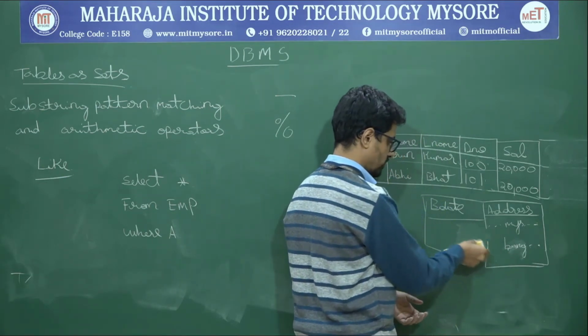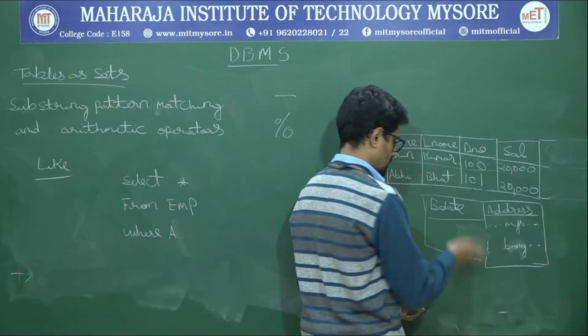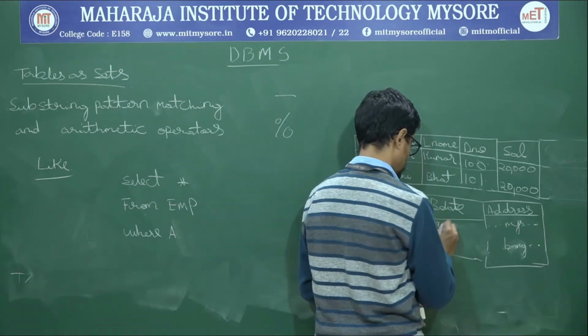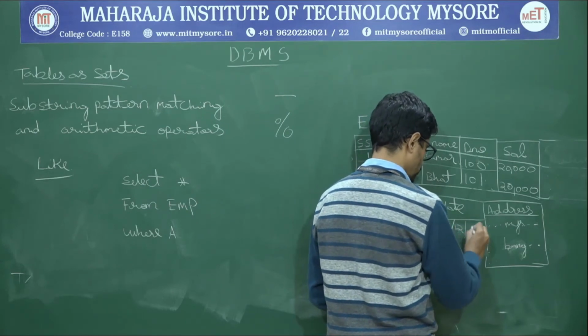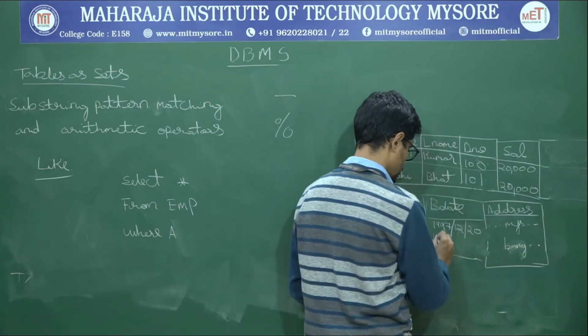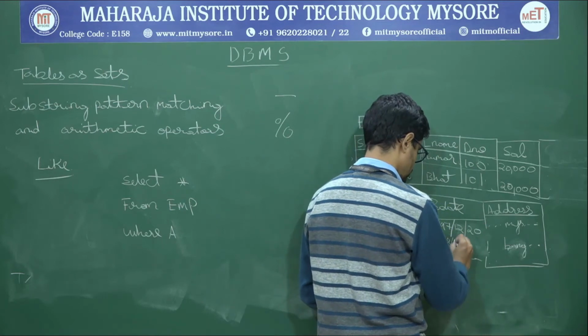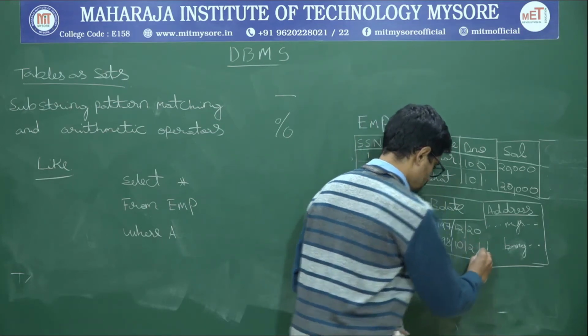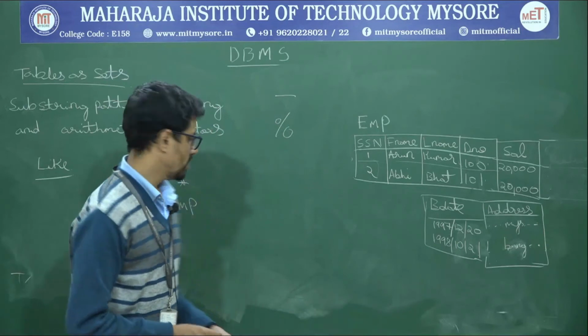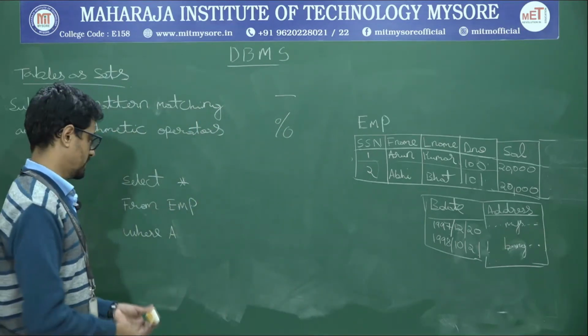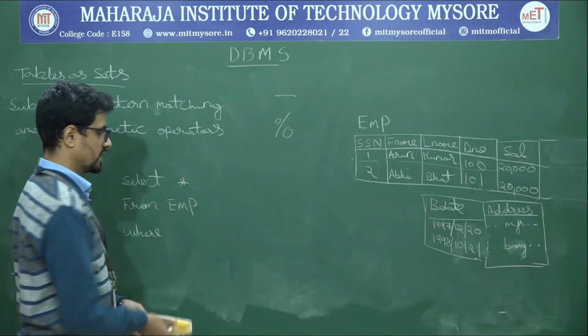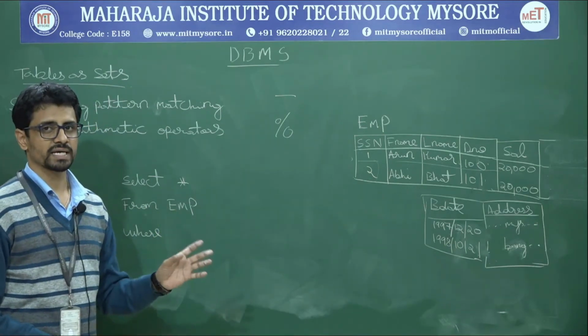Normally we have the date format, that is 1997 followed by the month followed by the day. Now I want the employees who are born only in 1997. In that case I can give an exact match of the number of characters present.